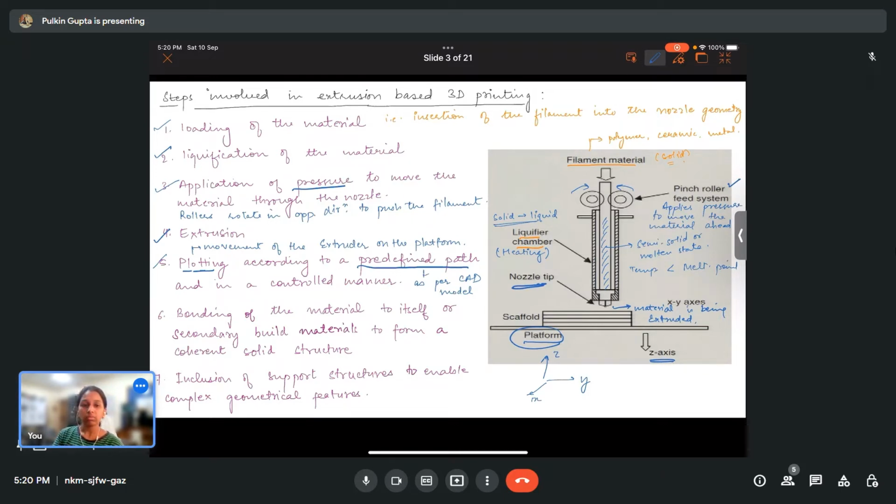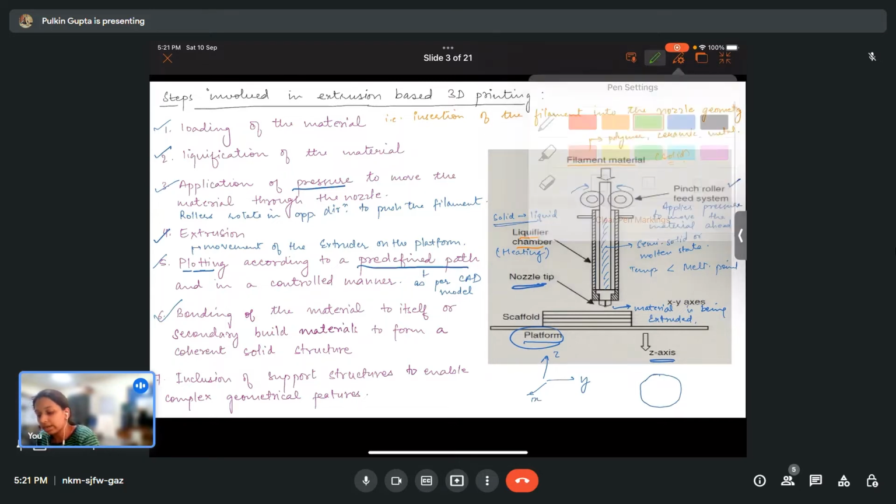Now you have started to deposit the molten material. Now it should bond either with itself or the secondary build material to form a coherent solid structure. What does this mean? Suppose you have already made the outer boundary of this circle. Now you need to print inside it.